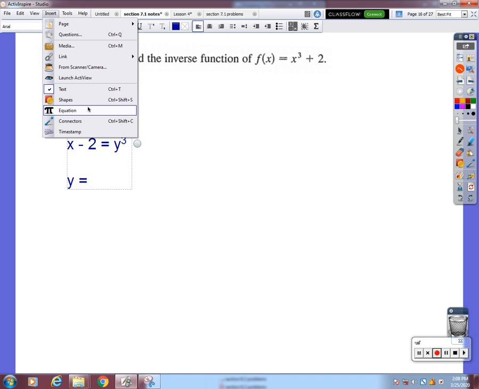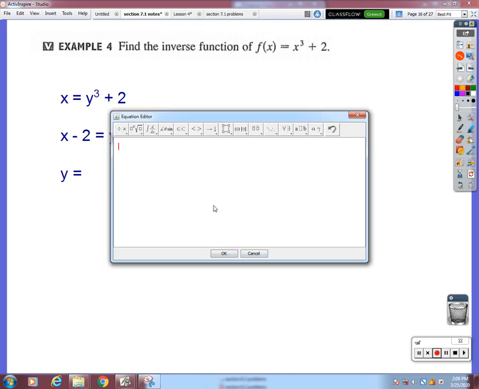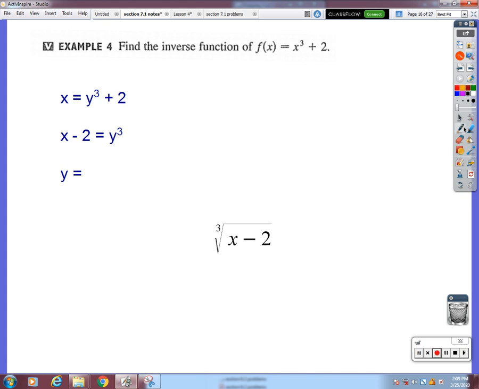So y equals the cube root of x minus 2. So that would be my inverse function. Switch the x and the y. It took me 2 steps to solve for y. Subtracted 2 and then cube rooted both sides.